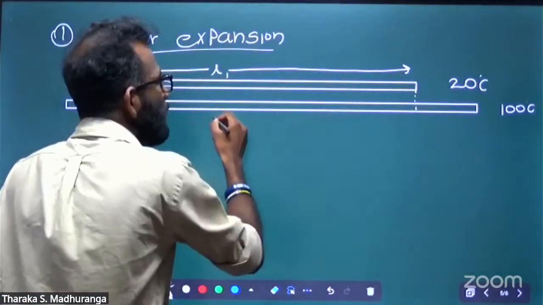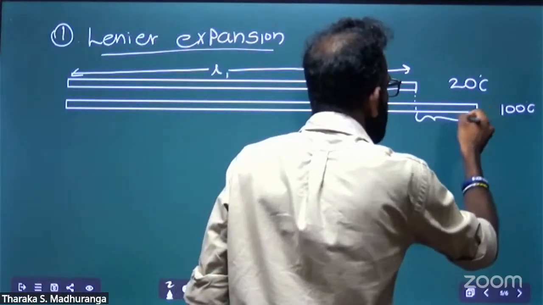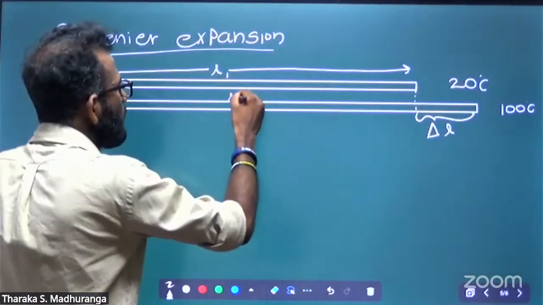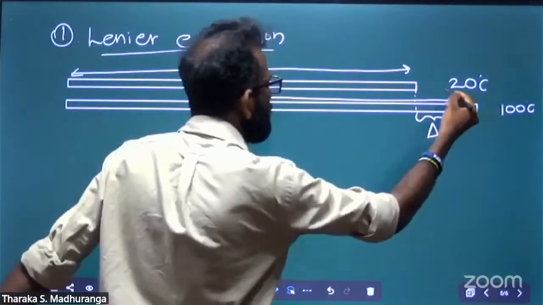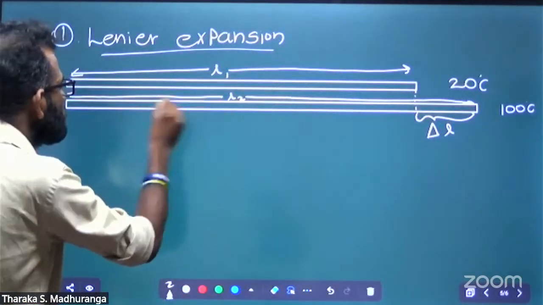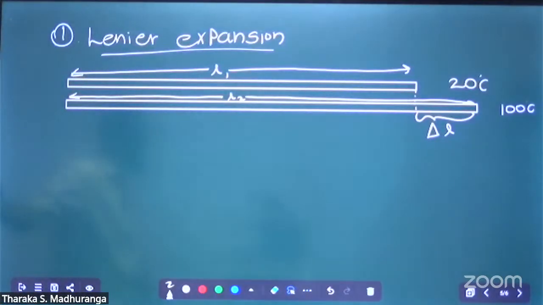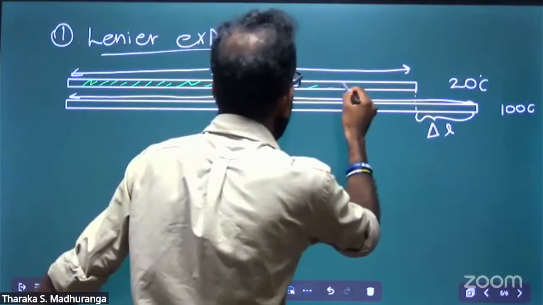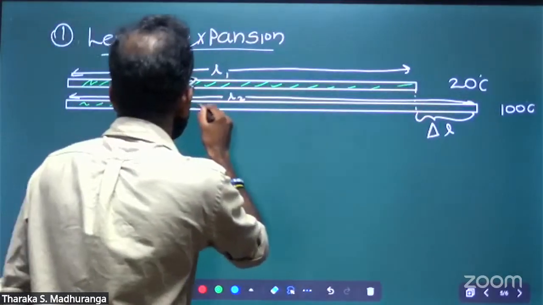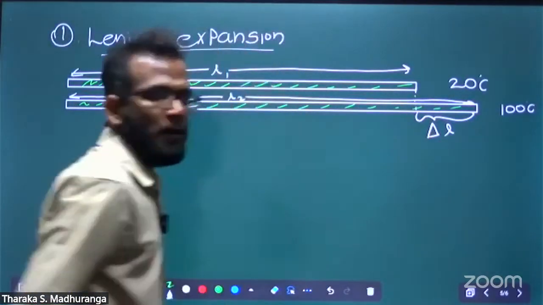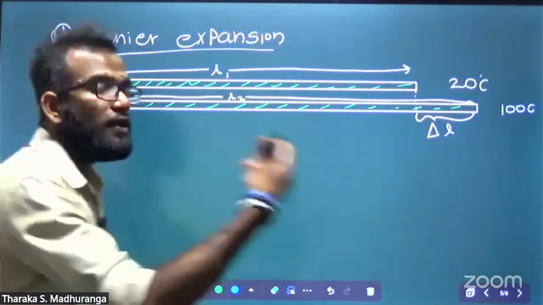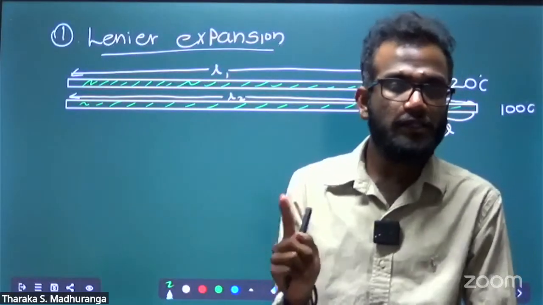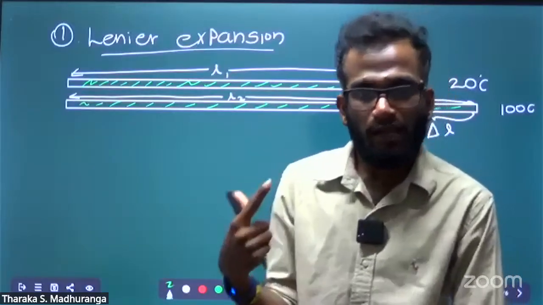This is delta L, the amount of increased length, and the total length is L2, the final length. L1 is the initial length, L2 is the final length. Only one dimension, the length, increases with temperature; that we call linear expansion.